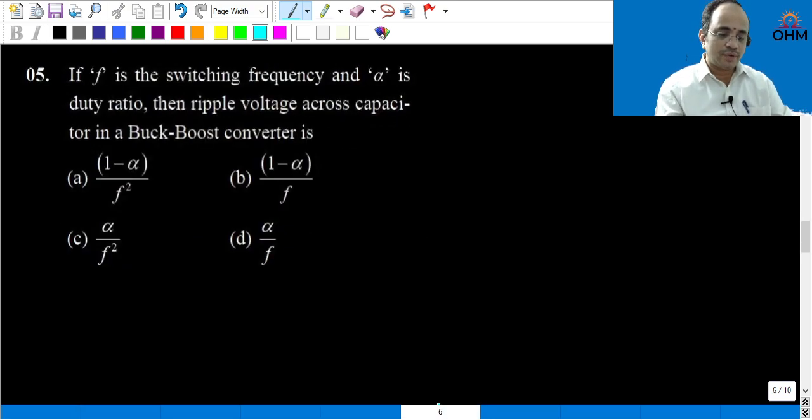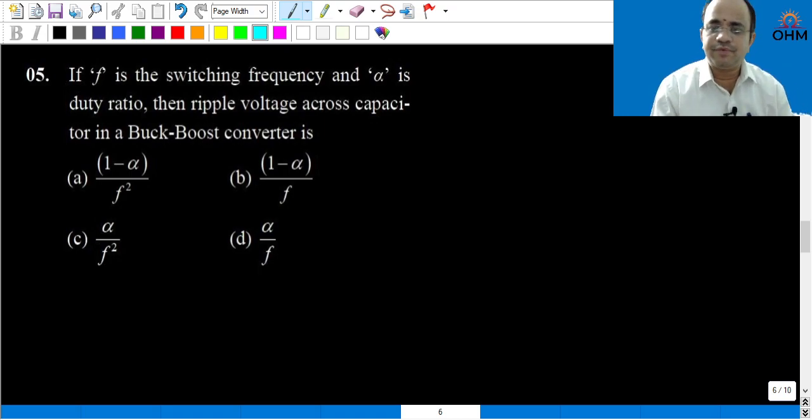Now let us look into another question. This question is based on the DC to DC converters chapter. If f is the switching frequency and alpha is the duty ratio, then what is the ripple voltage across the capacitor in a buck boost converter?